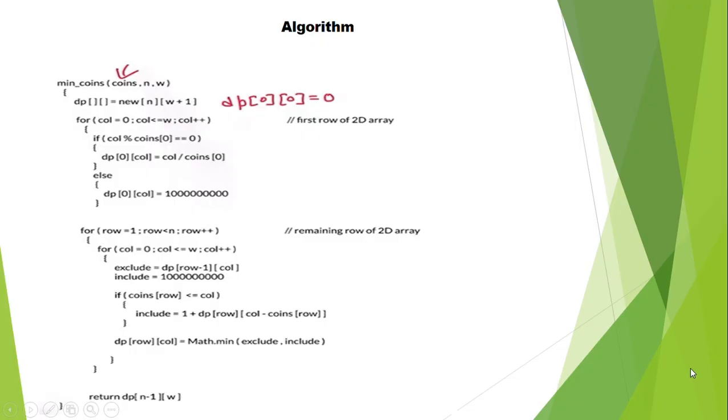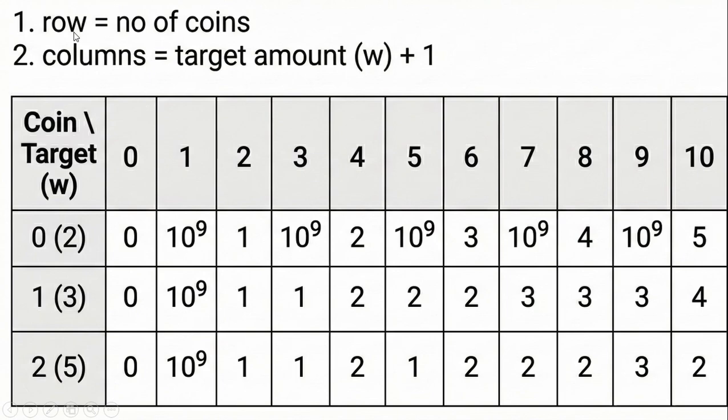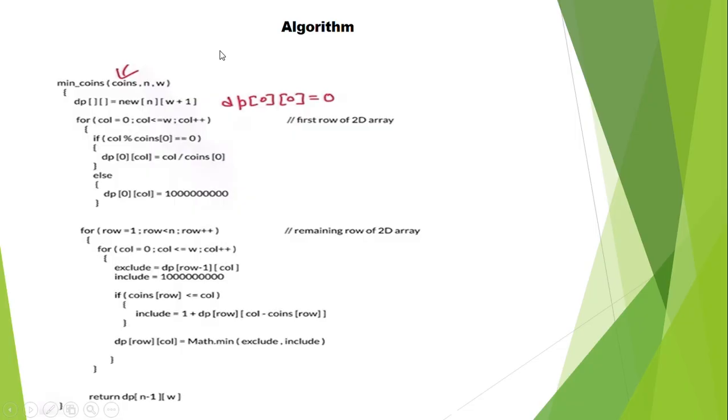So now let's move to its algorithm. Here we have coins, which represents the array, n representing the number of elements, and W representing the final value. Here we are filling the first value. We know that rows equal the number of coins and columns equal the target amount plus 1.